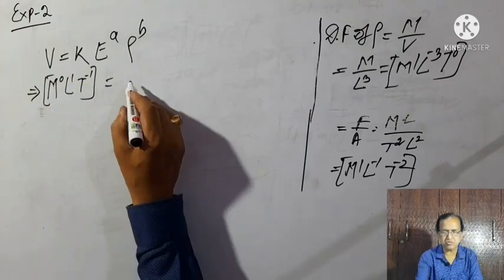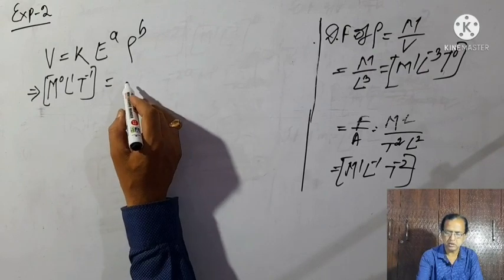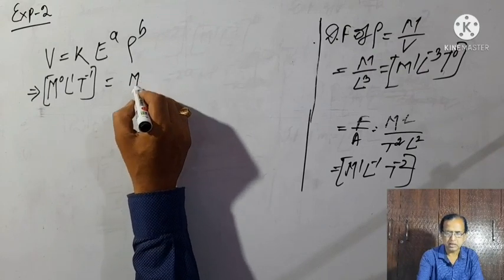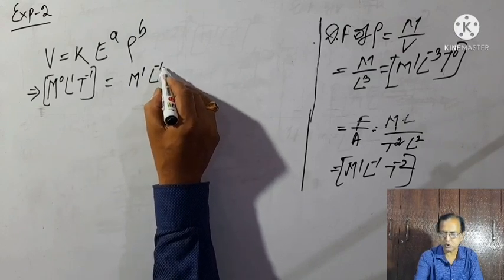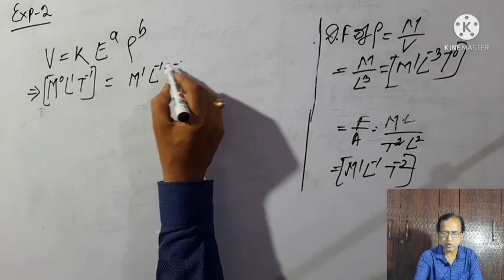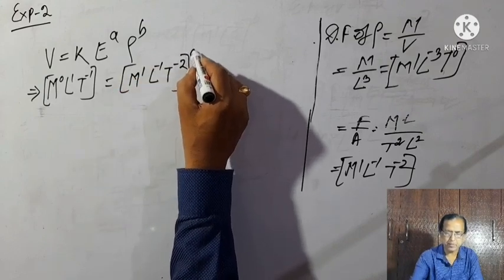K is dimensionless. E, coefficient of elasticity, that is M1 L minus 1 T minus 2, whole to the power a.